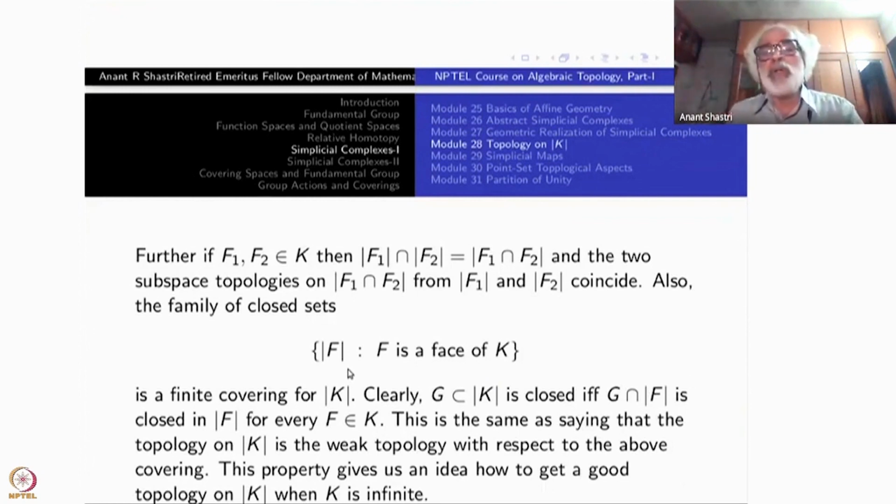Everything in K must belong to one of them, by definition. Every element of mod K has support on one of the faces. So this is a cover for mod K. It is not an open cover, it is a closed covering, and it is finite because K itself is finite. Clearly, take any set G contained inside mod K. It will be closed if and only if G intersection mod F is closed in mod F for every F in K.